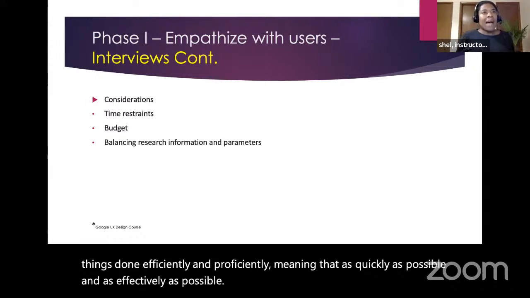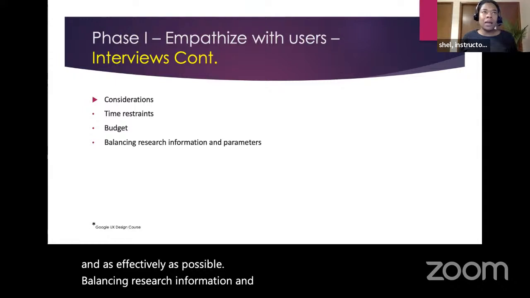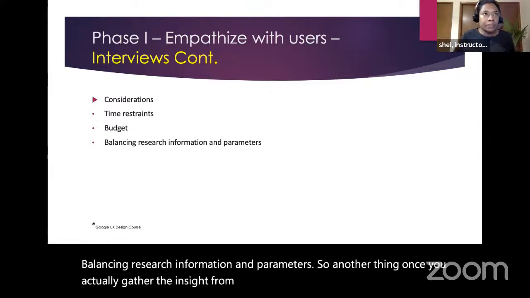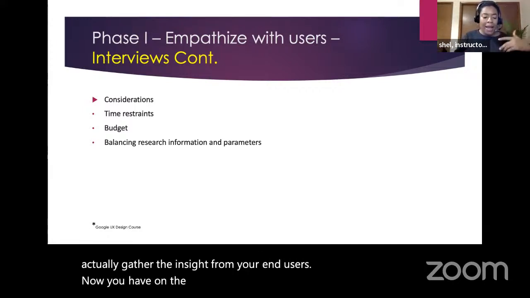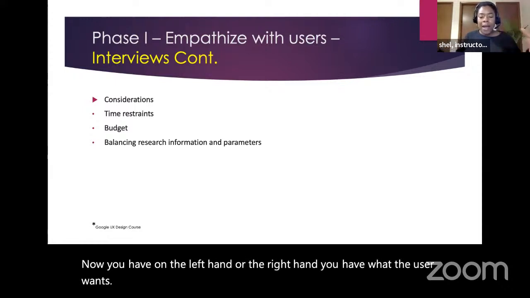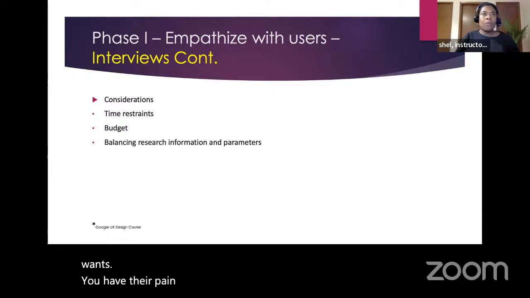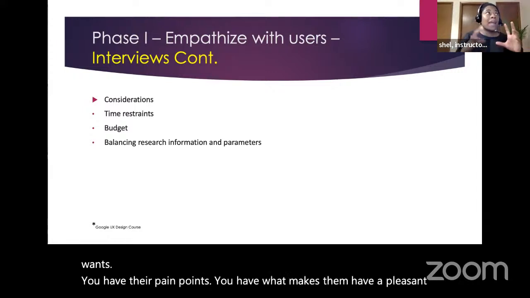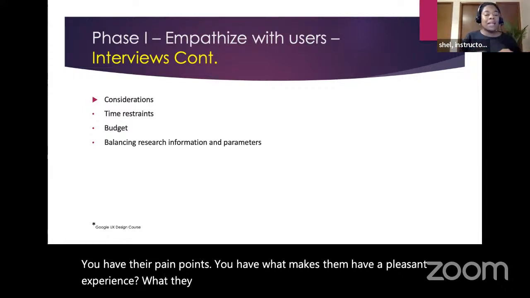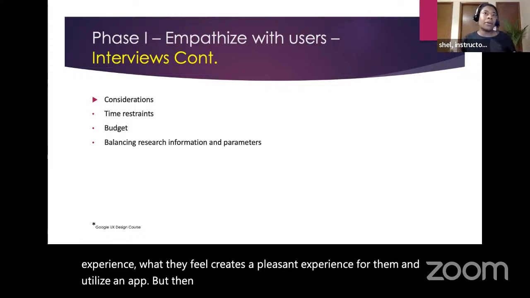Balancing research information and parameters. Once you actually gather the insight from your end users, now you have what the user wants, their pain points, and what they feel creates a pleasant experience for them in utilizing the app. But then you also have the parameters.